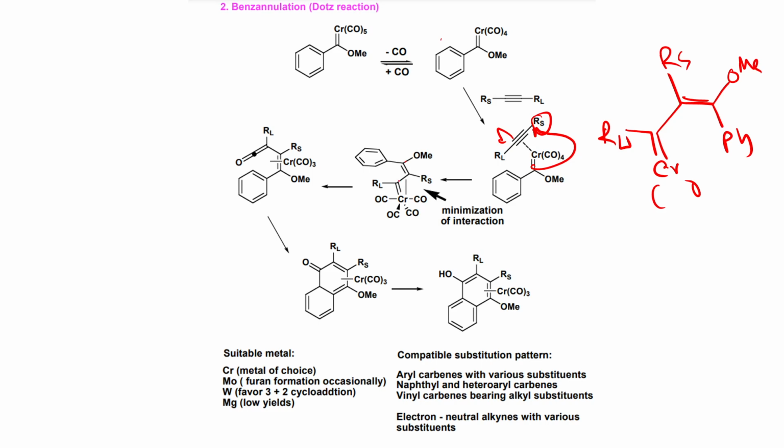Now then again, from here, your chromium based unit is set towards this particular fifth position, and here you have carbonyl. So a carbene type is now present.